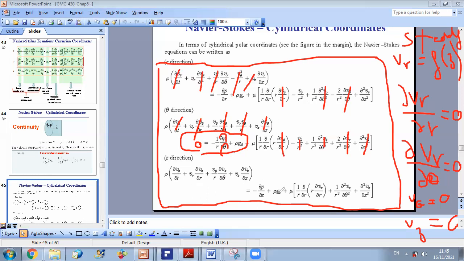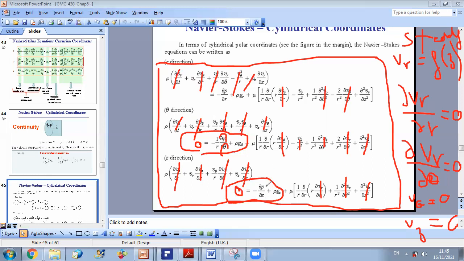Now, for the third relation, if you want to simplify it in this case, you have V_z is 0. So all of these terms will cancel out, and also these terms will cancel out. You will end up with the following relation, which gives you how pressure is varying with z.